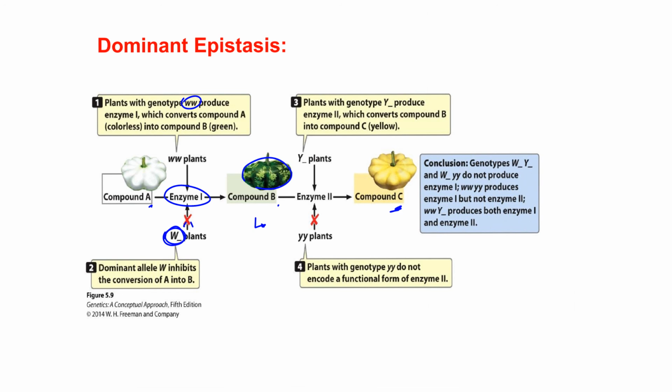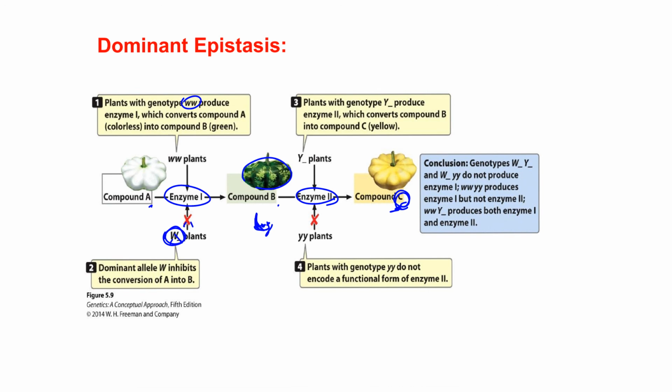Now, in the other scenario, what can happen is that there is no dominant W, so there is no inhibition of enzyme 1. So enzyme 1 converts A to B. Now, not only does this give squash green color, however, compound B is actually an intermediate. It is a substrate for enzyme 2, which can convert compound B to compound C, and compound C gives yellow color.